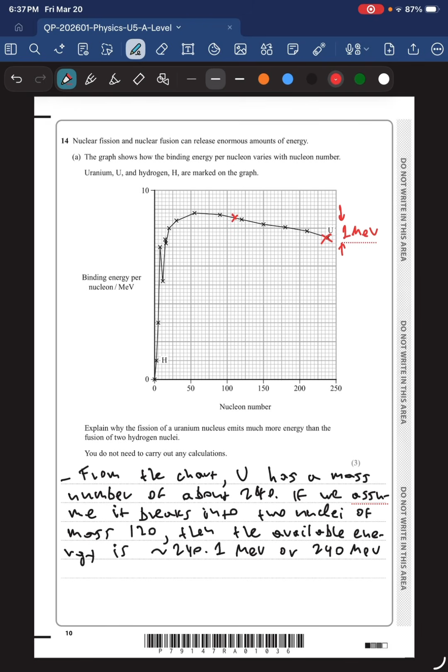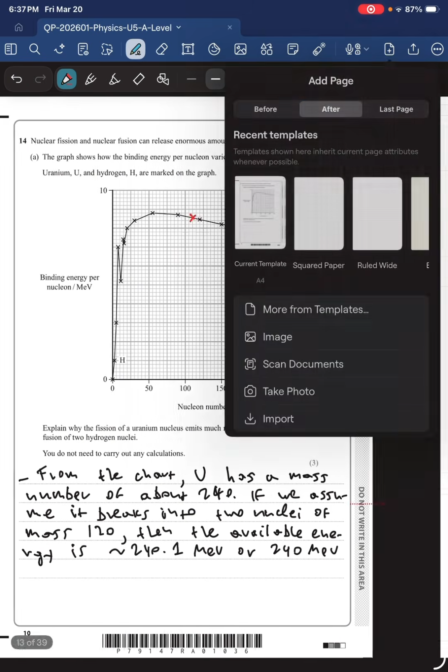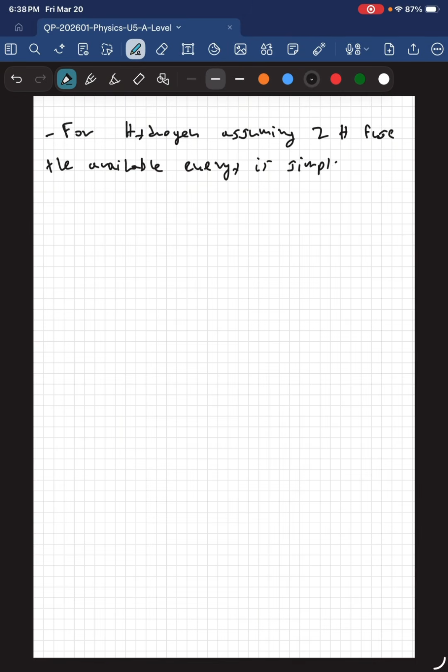For hydrogen, assuming two hydrogens fuse, the available energy is simply 2 times, say, 4 MeVs, or 8 MeVs from the chart.